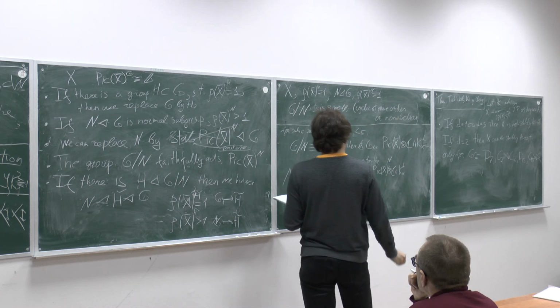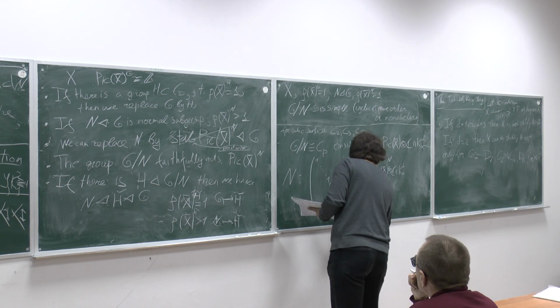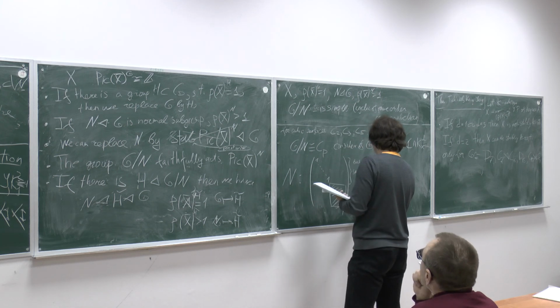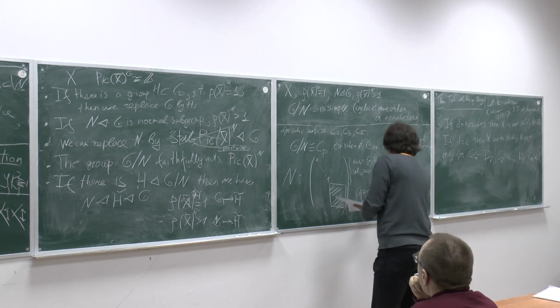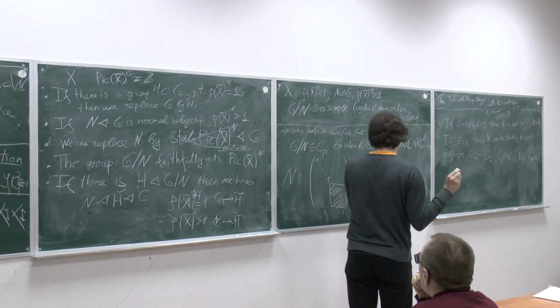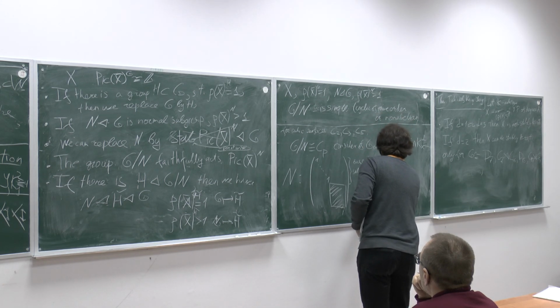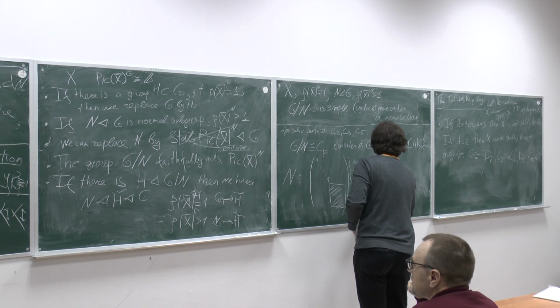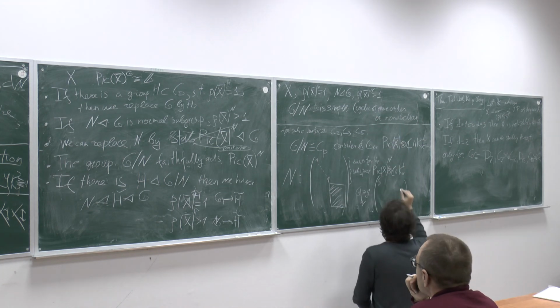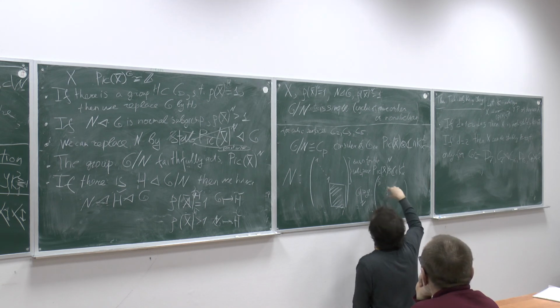Any element g which lies in G but not in N acts in the following way: it has roots of the p-th degree of 1. It can be diagonalized, so we choose a basis here such that the element in G by N is diagonalized.